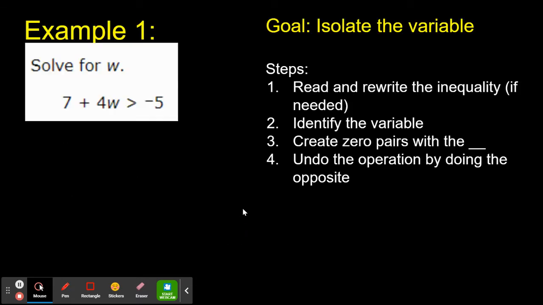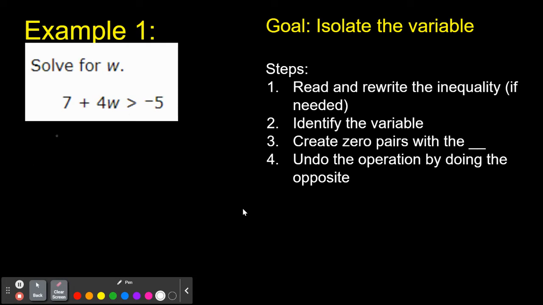So here's our first example. Our goal is the same as with equations. We're going to isolate the variable. This looks exactly the same, except instead of an equal sign, we have an inequality.